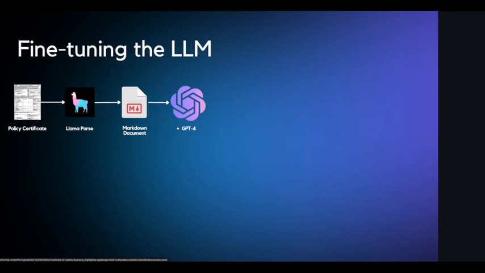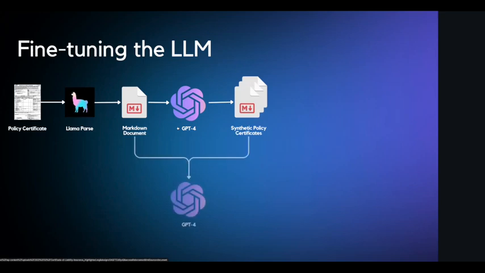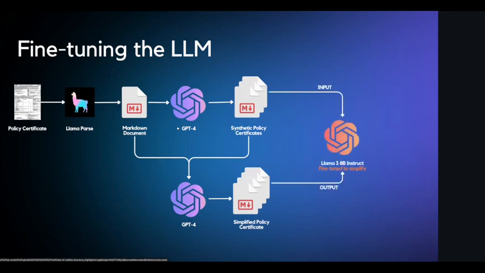I used GPT-4 first to generate similar policy certificates. Then I fed all those certificates once more into GPT-4 so it can generate the simplified policy certificate. Then those two were inputs and outputs to the fine-tuned model.